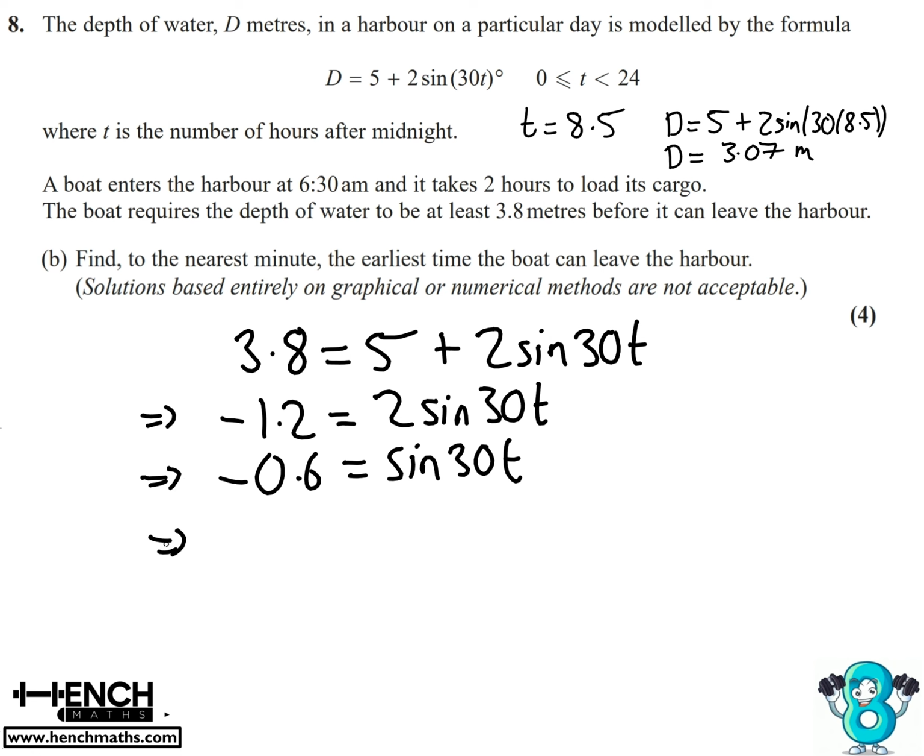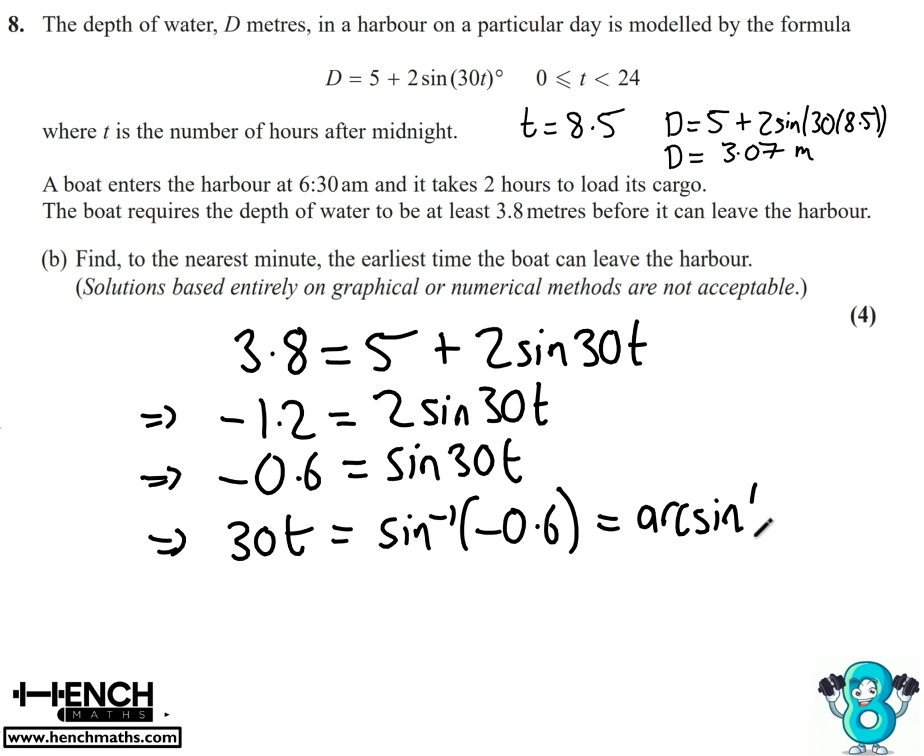And so 30t will be inverse sine of negative 0.6. You can also write that arc sine. Arc sine and inverse sine are the same thing. Making sure we're still in degrees mode in our calculator, we're going to get 30t is equal to negative 36.87 degrees. So dividing that by 30, you're still going to get a negative answer.